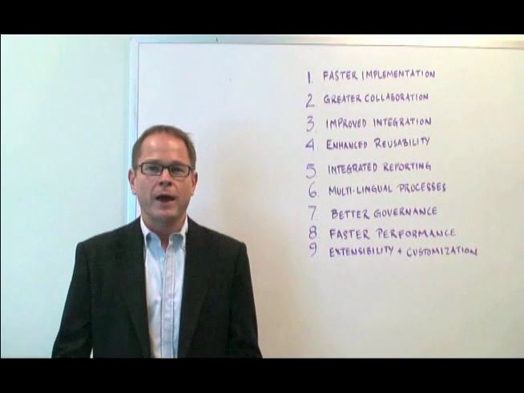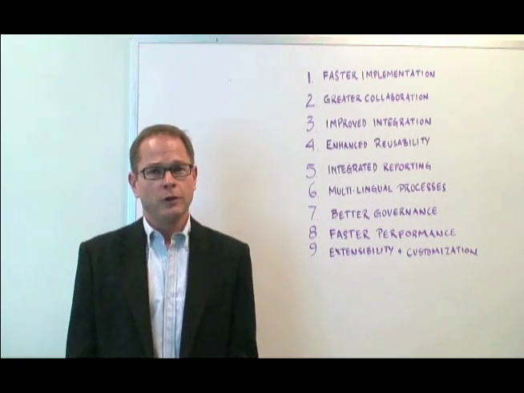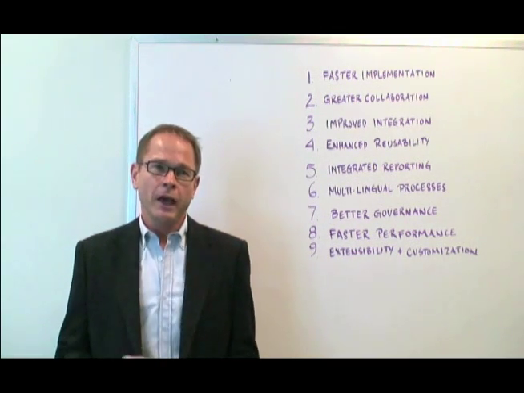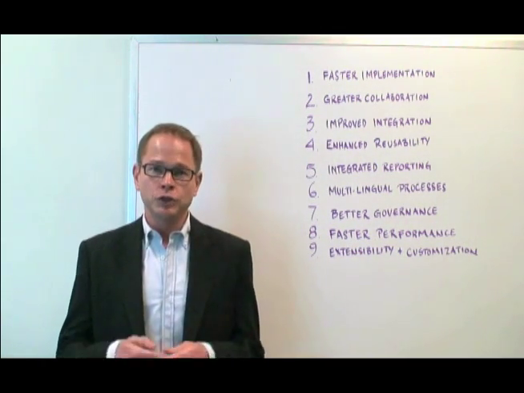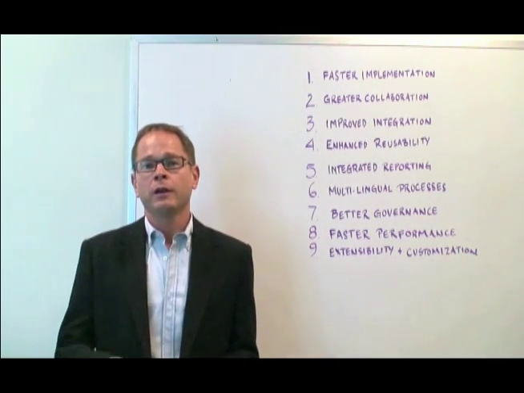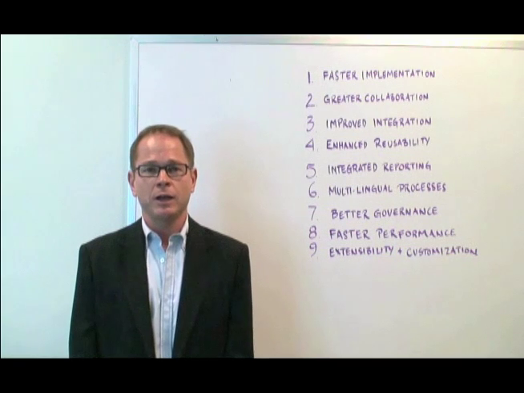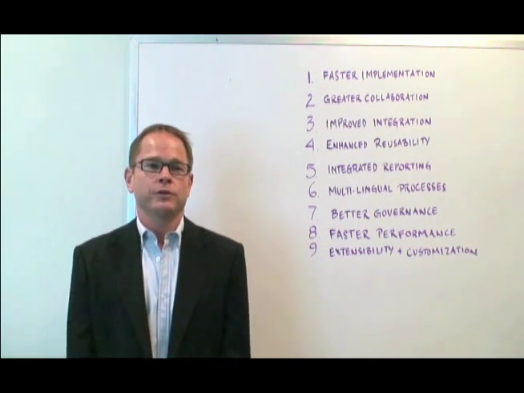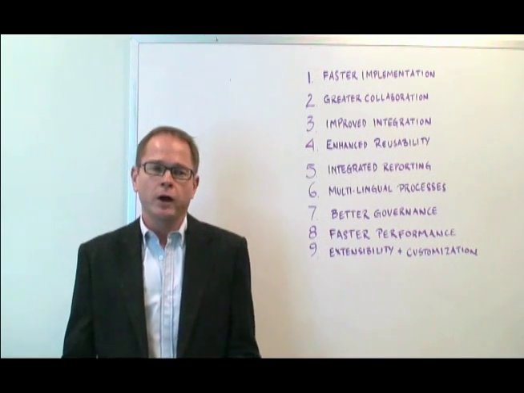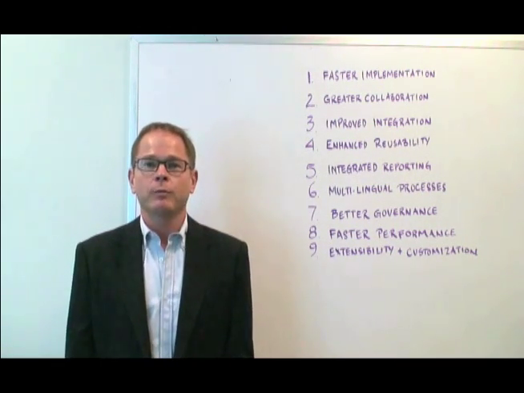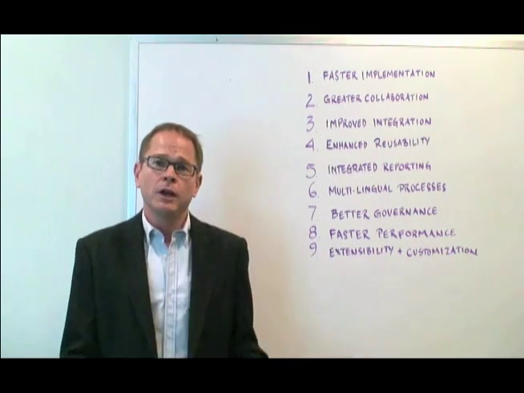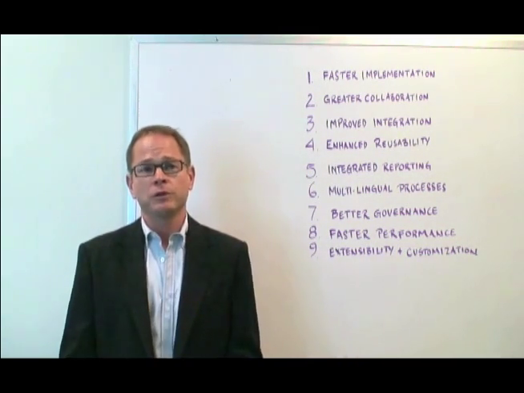They start with the faster implementations. One of the things that we have done is look at use cases, talk to existing customers, and find out what they needed to do projects faster. When it came to modeling the process, deployment, enhancing and evolving existing applications, that all will be much faster in version 9. Part of improving the performance of the product was allowing greater collaboration between business analysts and process owners and the actual designers and developers who are using the product.